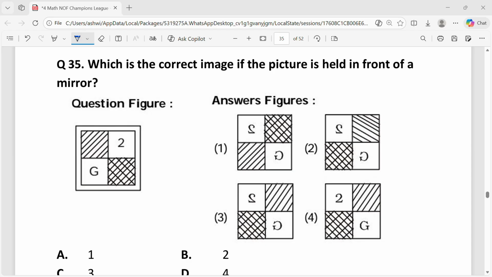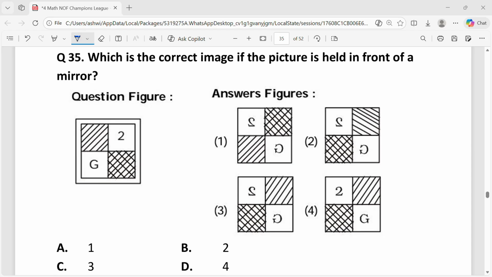Question 35. Which is the correct image if the picture is held in front of a mirror? When a picture is held in front of the mirror, the picture is inverted laterally.